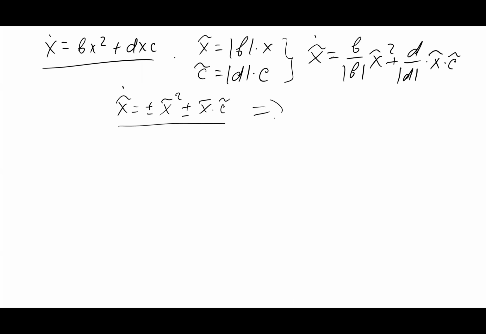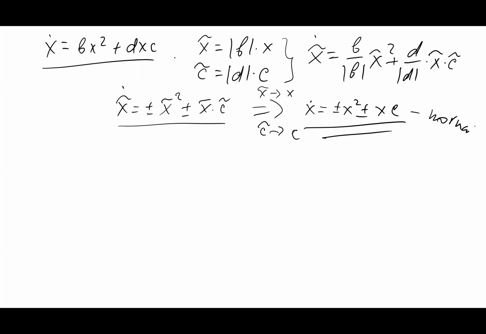Or after changing our notations, we get x dot equals to plus minus x squared plus minus xc. So this is called the normal form for transcritical bifurcation.